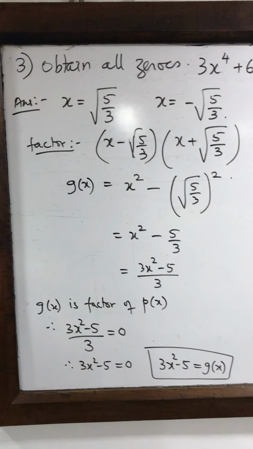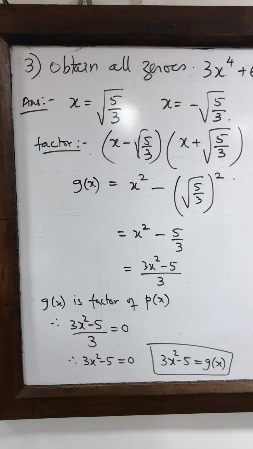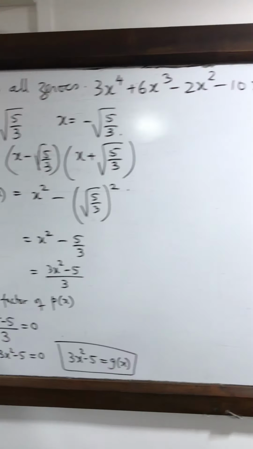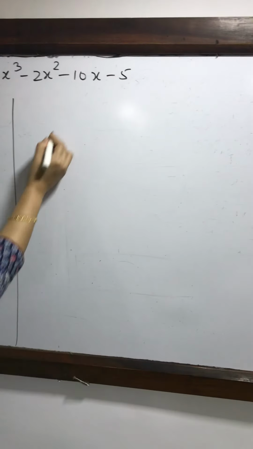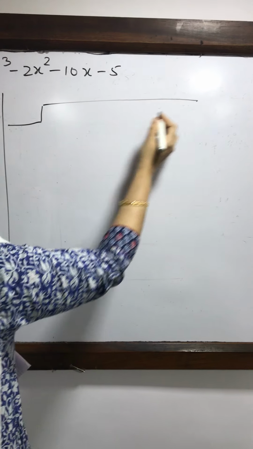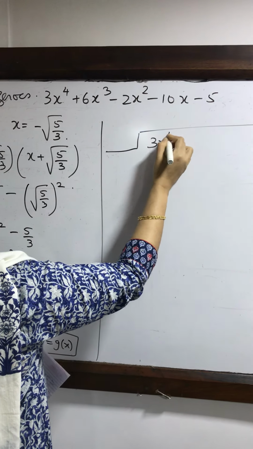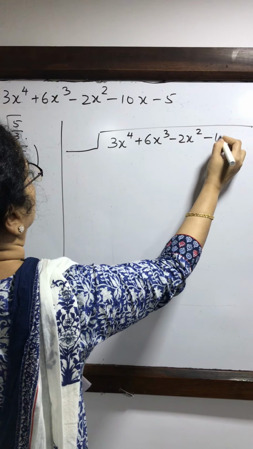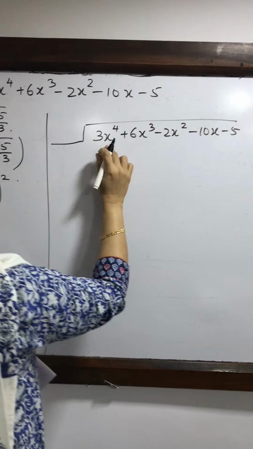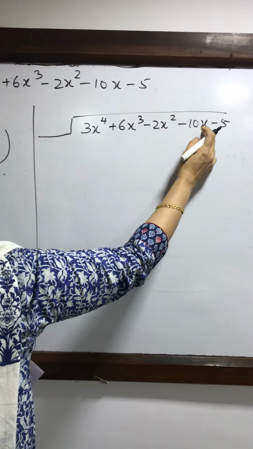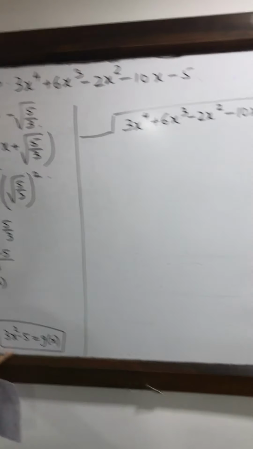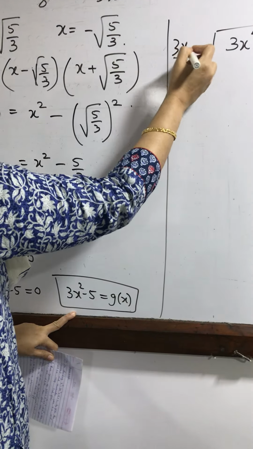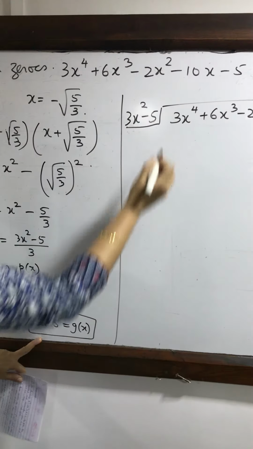Using this value, we will do long division. The dividend has to be written in standard form. So first will come x raised to 4, then x cube, x square, x raised to 1, 0. Divisor is 3x square minus 5.